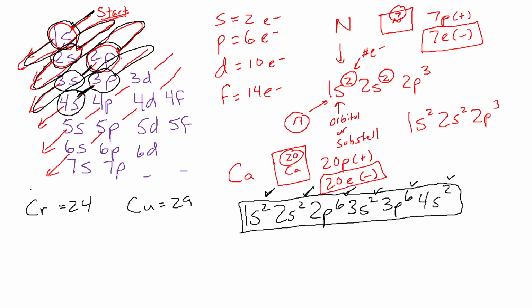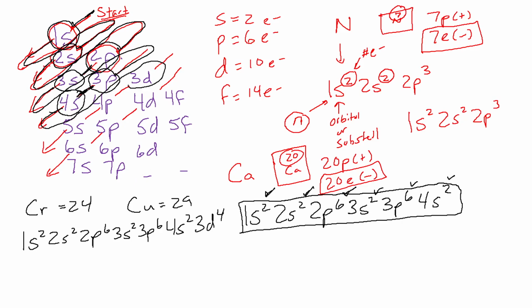And if we were to write our electron configuration like we normally would write it, 1s2, 2s2, 2p6, 3s2, 3p6, 4s2. Remember, 3d comes next. Again, if we were coming here, 3d actually comes next. And that would be chromium's configuration if you follow that chart.